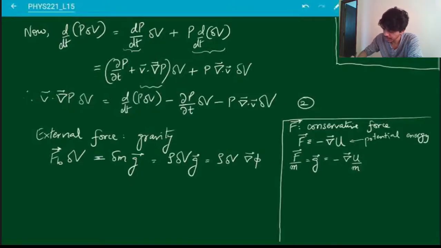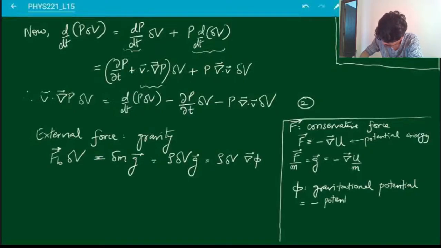So potential energy per unit mass, negative of that is called potential. So phi, which is called the gravitational potential, is minus potential energy per unit mass.